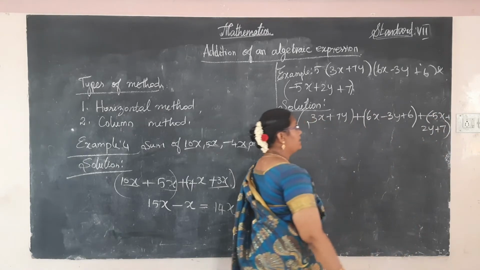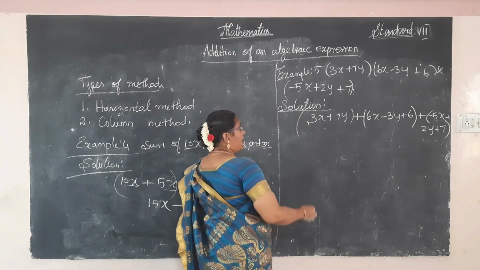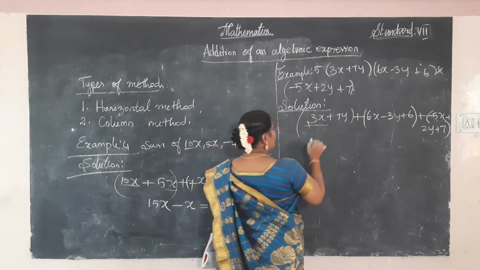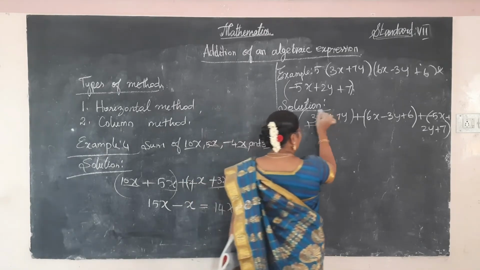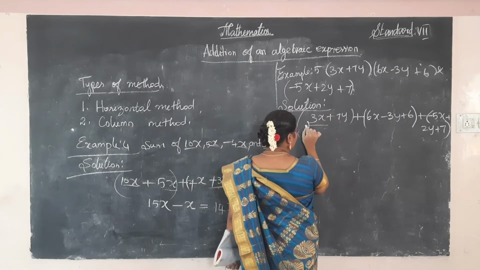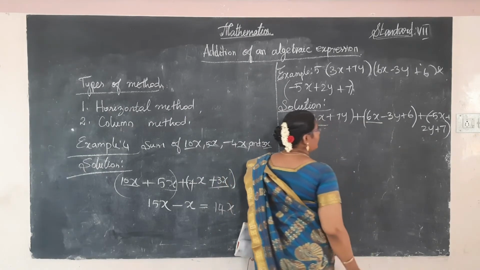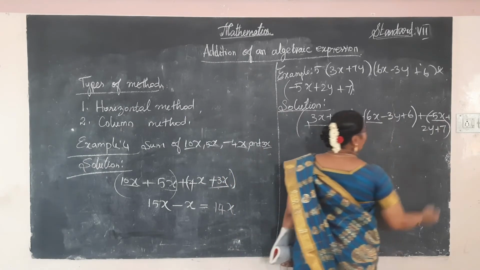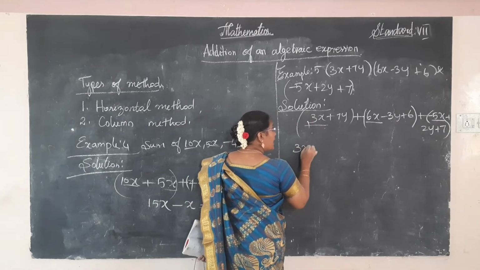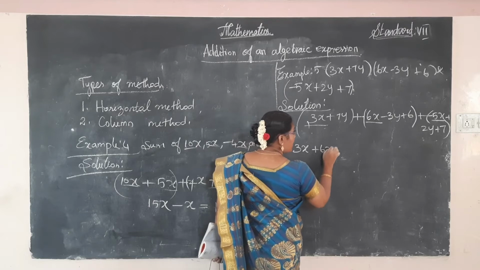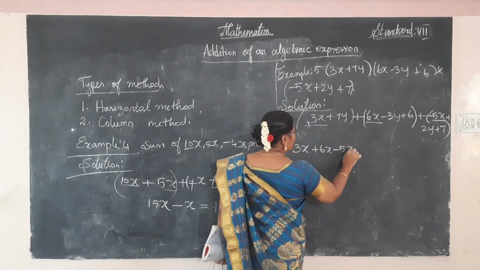Now arrange the like terms. Like terms mean the same variable and the same power. From the first expression 3x, from the second 6x, from the third minus 5x. So we arrange 3x plus 6x minus 5x.